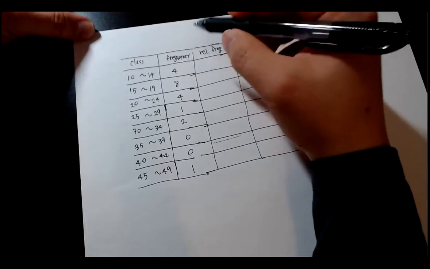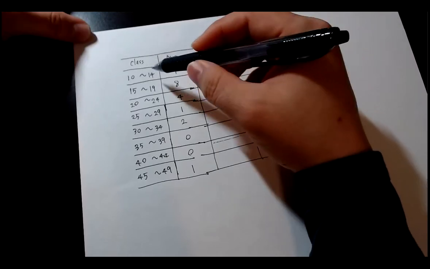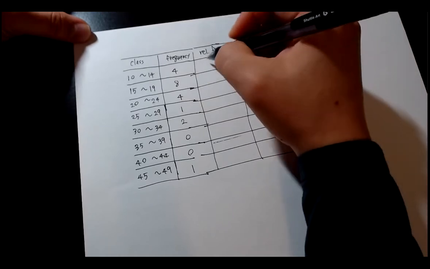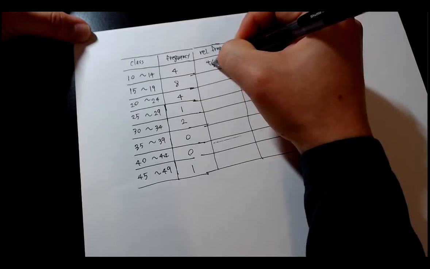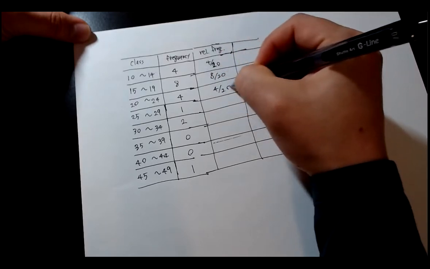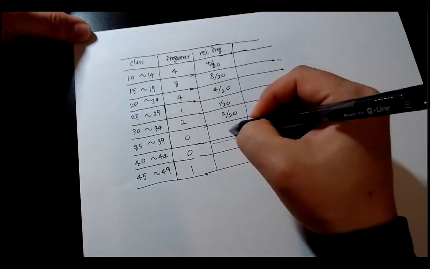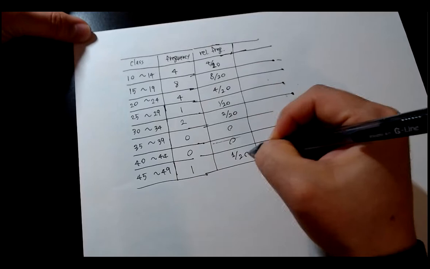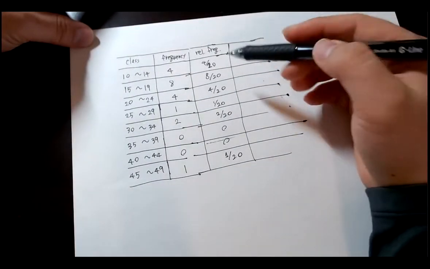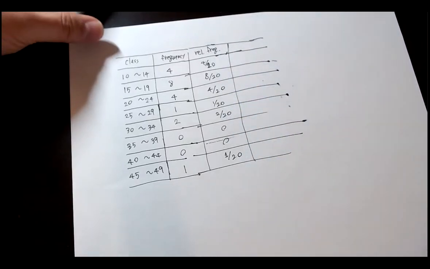So the relative frequency is the frequency of the class divided by the total of the frequencies, which is 8 over 20. Then 4 over 20, then 1 over 20, then 2 over 20, and then 0 over 20 is 0, and then 1 over 20. And the percentage is just each relative frequency multiplied by 100.